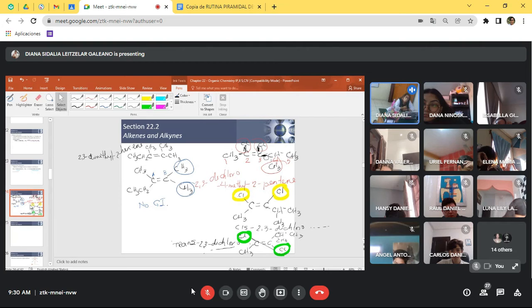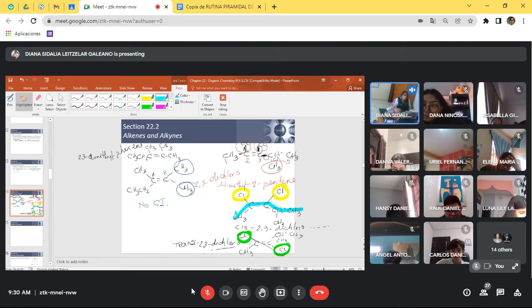Va un gato caminando, lo atropella un carro y queda todo desparramado, es el mismo gato. El double bond no cambia de lugar, siempre está en el 2. Fíjate bien.